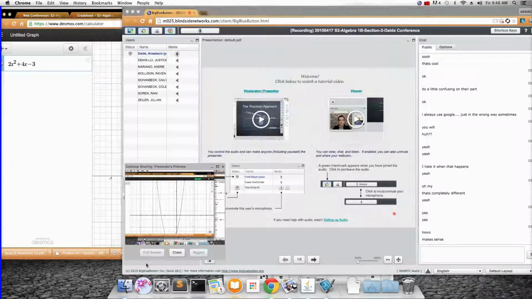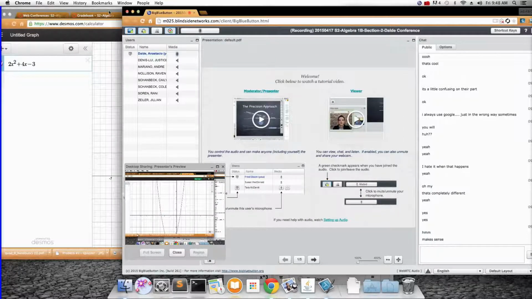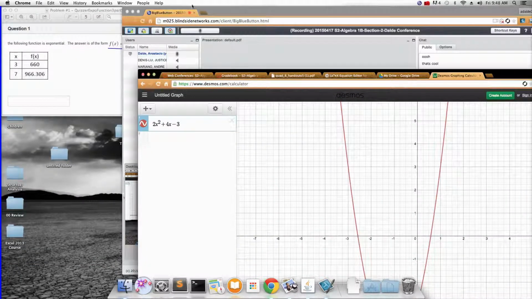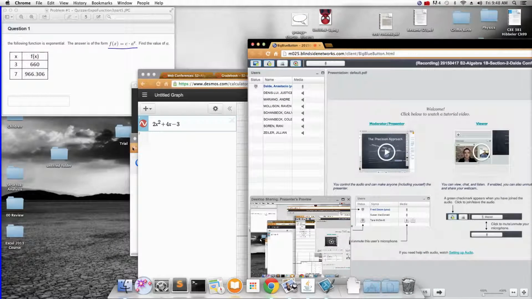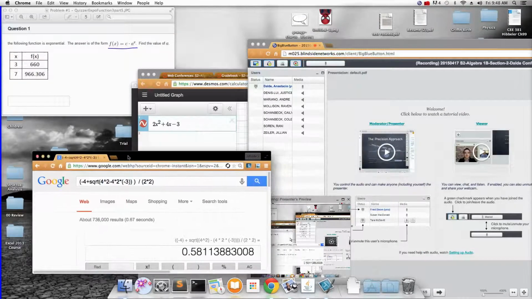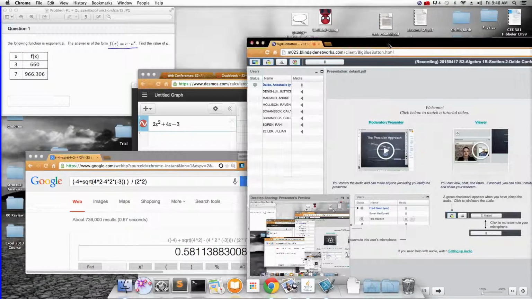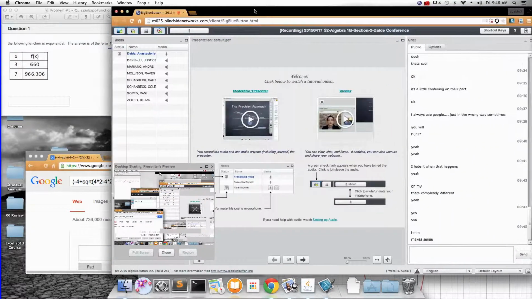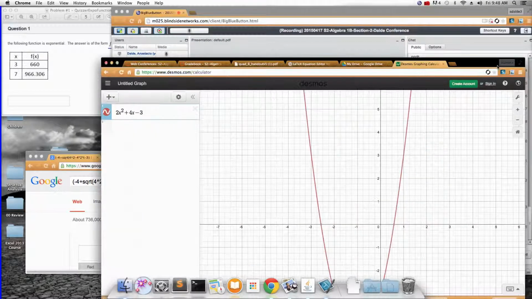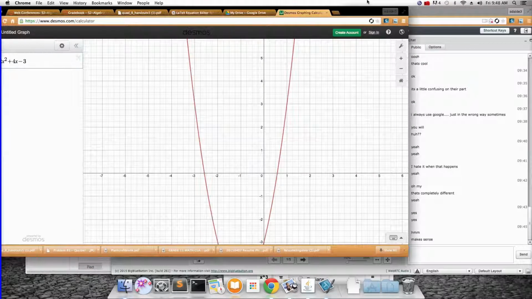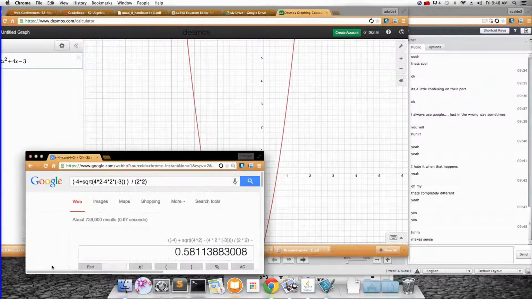Alright, let's see. Then where was my other sheet? It's right here. Alright. I'll take this and put it here, and we'll take this and put it here. Alright, so let's check this out. What if I plug in, instead of a plus, I'm going to do the minus.